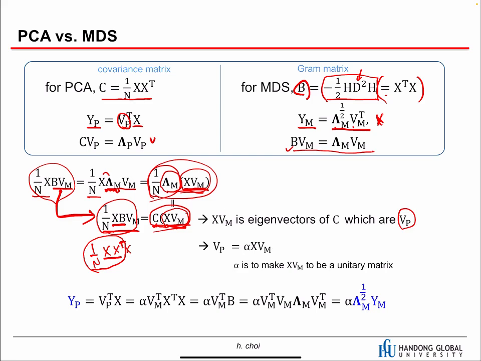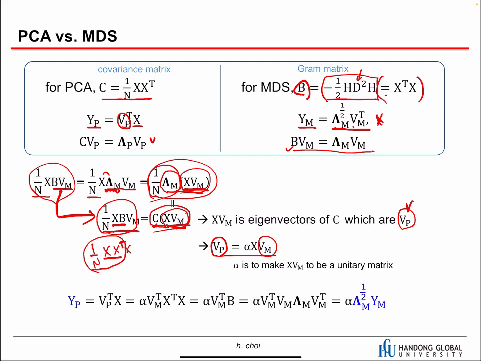So we have v_p and X v_m is an eigenvector too, so v_p is proportional to X v_m. We have a connection here between v_p and v_m.